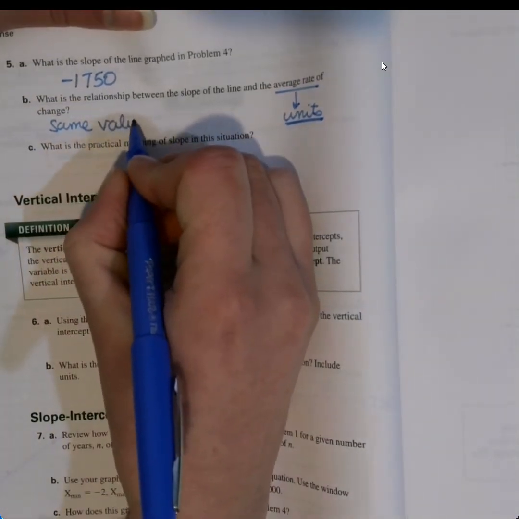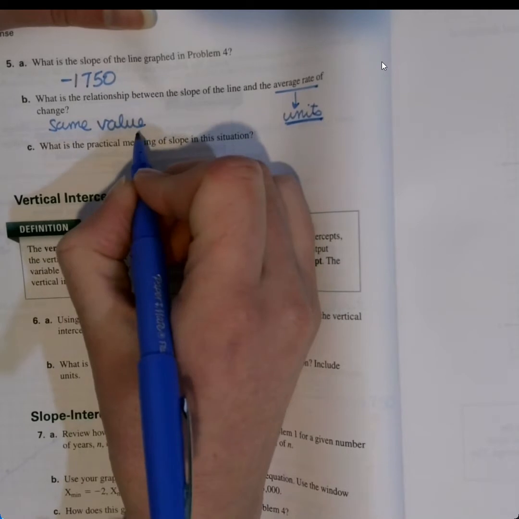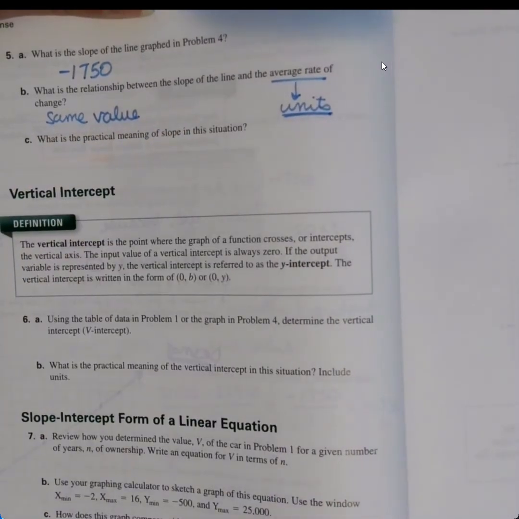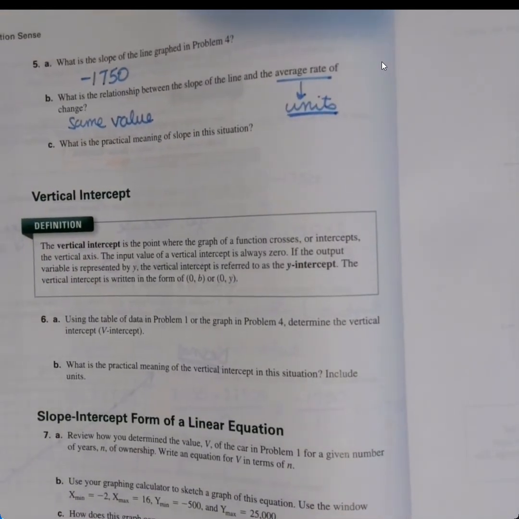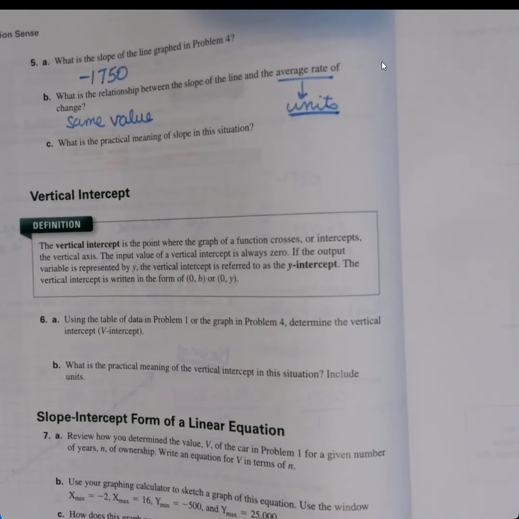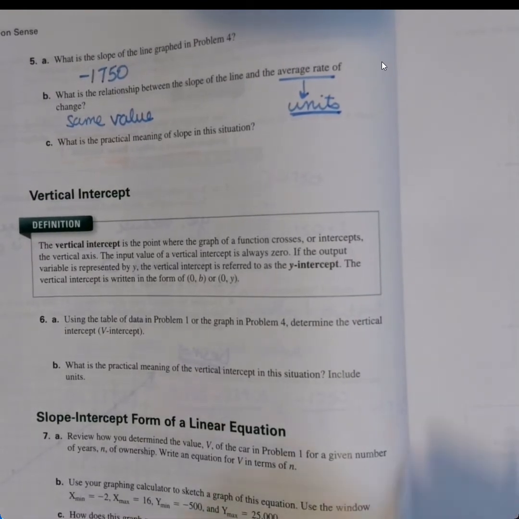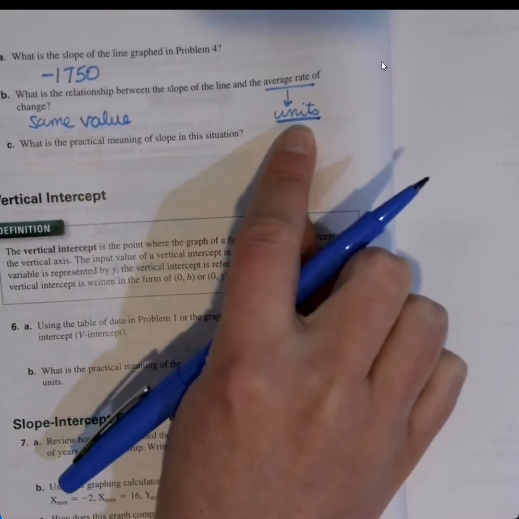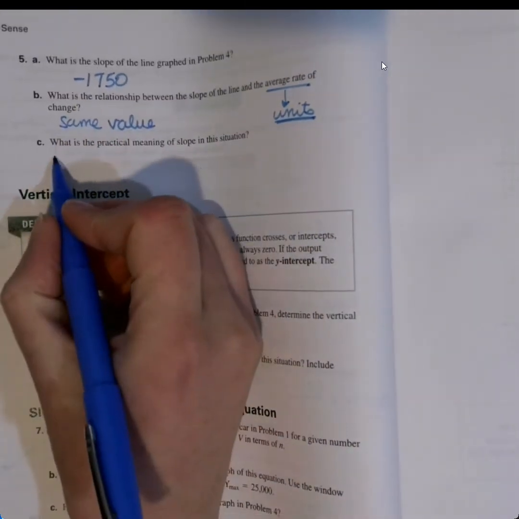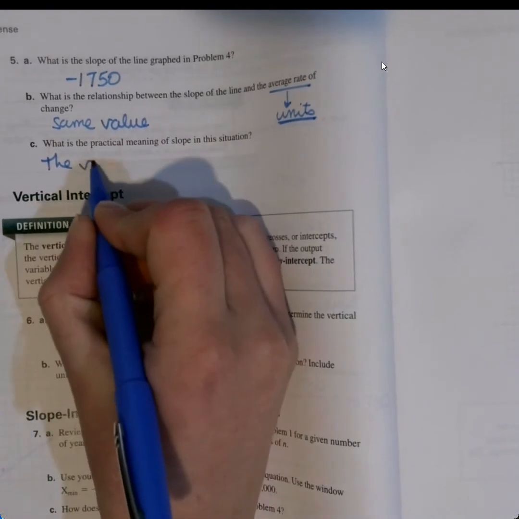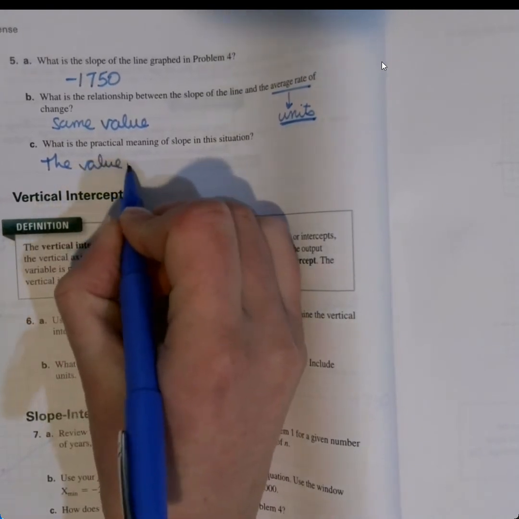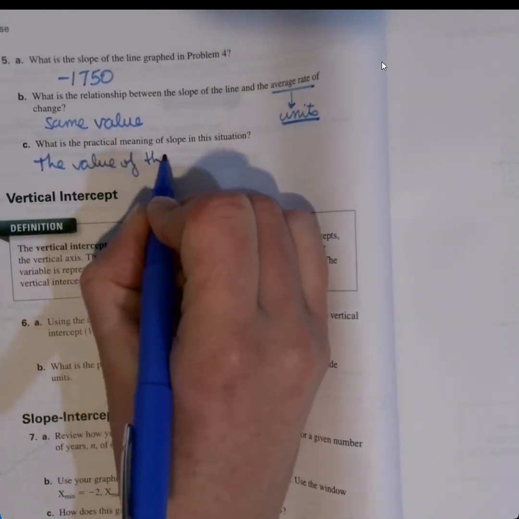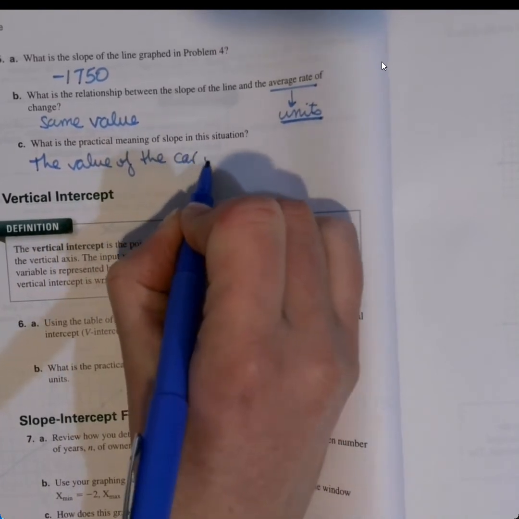So I'm going to put this word over here as well. The same value, same numeric value. The units could be present in an average rate of change, but are not necessarily present in the slope. Now, the practical meaning of the slope, that's really getting into the average rate of change with our units. And so we're going to write our sentence: the value of the car is, what's it doing?